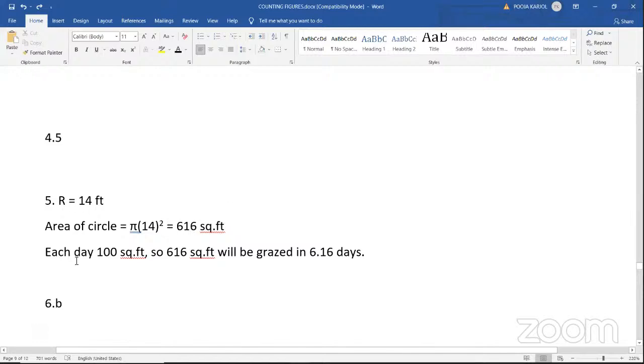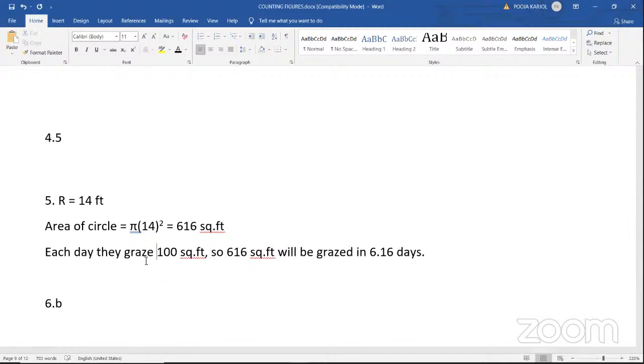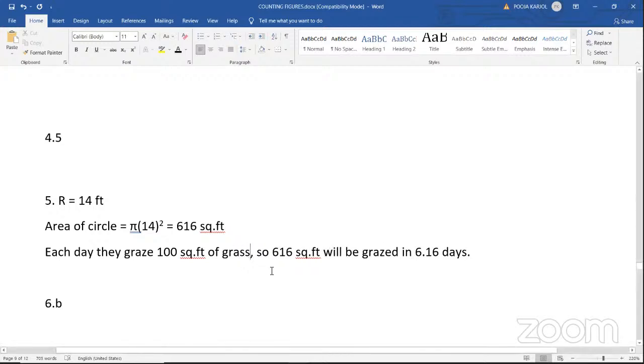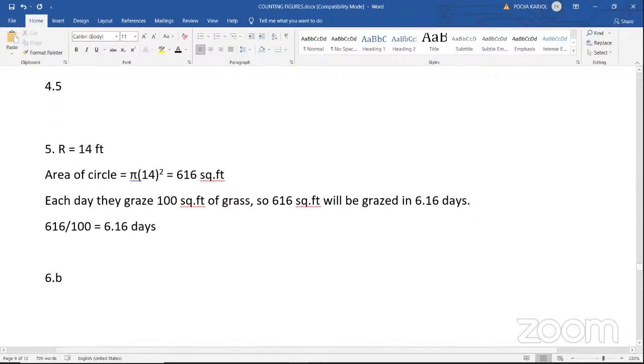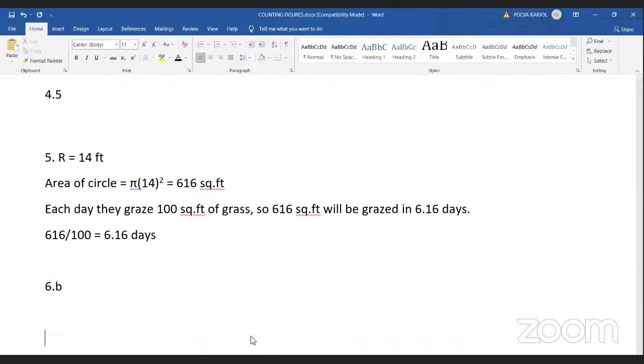So if each day they graze 100 square feet of grass, 616 square feet will be grazed in 6.16 days. 616 divided by 100 will give you 6.16 days. Okay, understood?